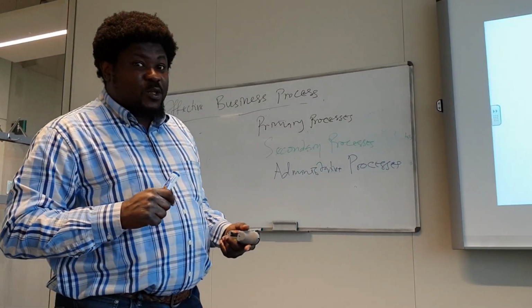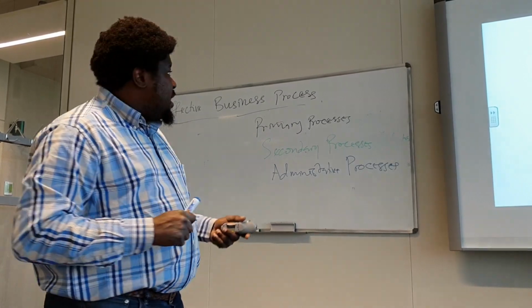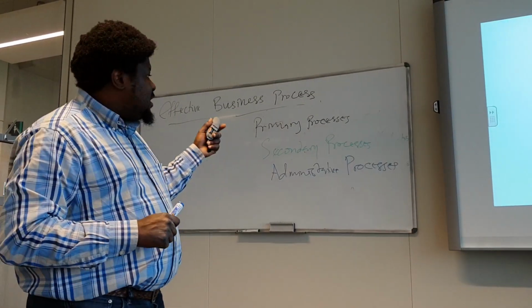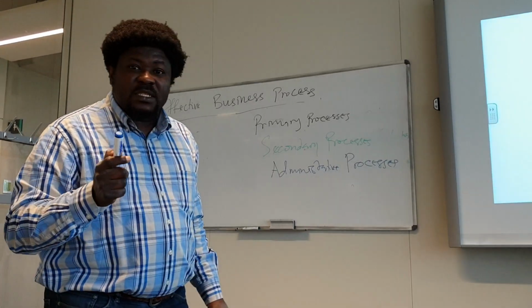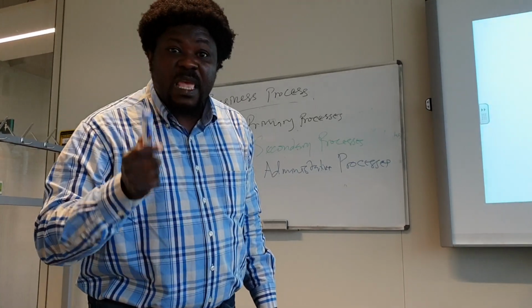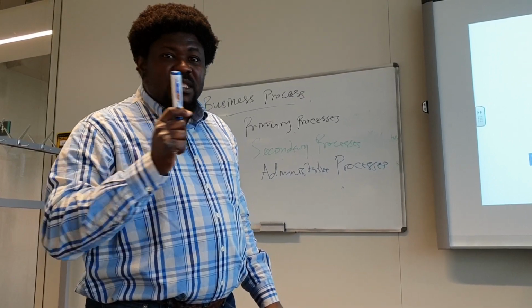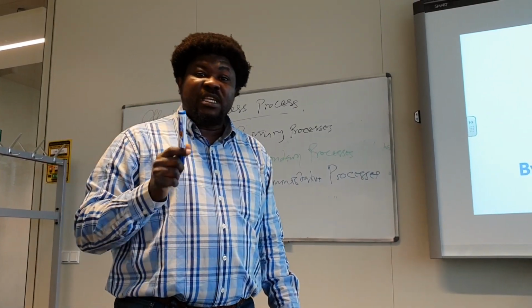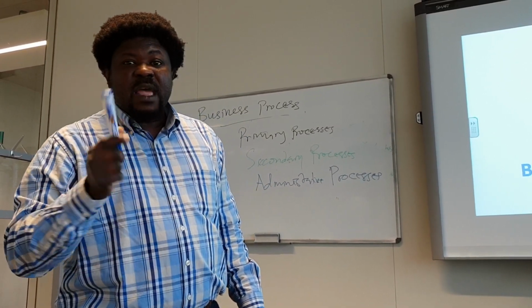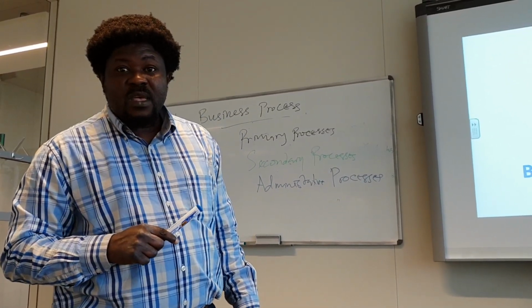Most importantly, as I round up, the primary processes, the secondary processes, and the administrative processes of any organization must be singing from the same hymn book. Once the three processes are singing from the same hymn book, the organization is bound to make profits and be on their way to competitive advantage.